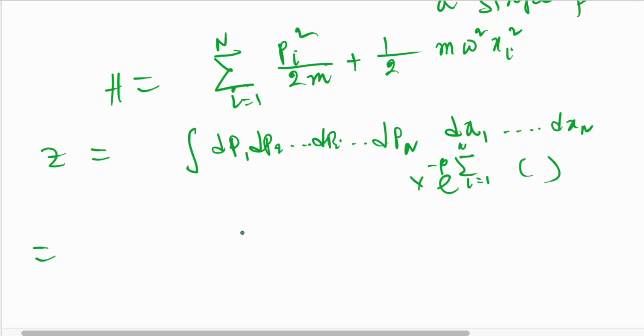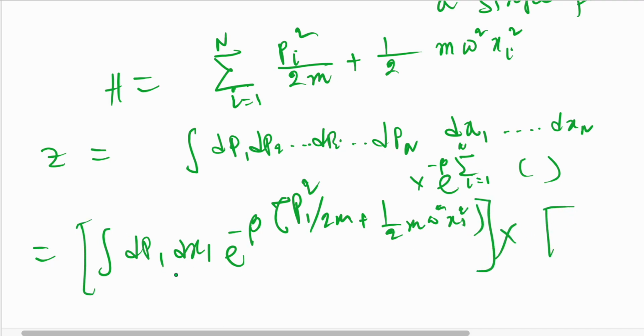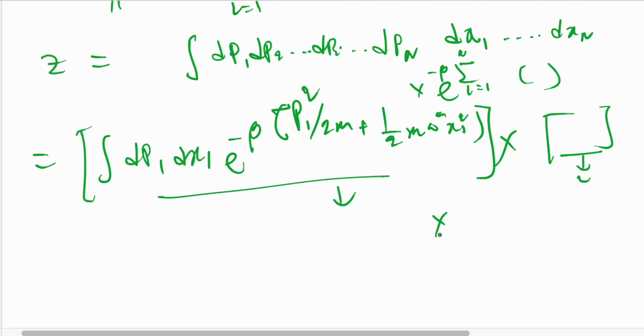That means integral dp1 dx1 e to the power minus beta p1 square by 2m plus half m omega square x1 square, for particle number 1, then particle number 2, then particle number 3, each from minus infinity to plus infinity.